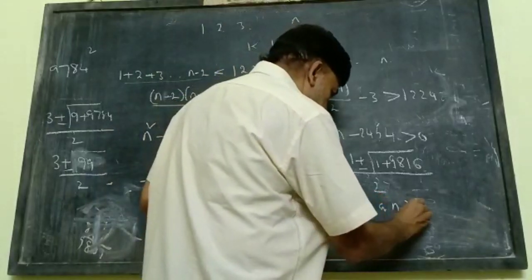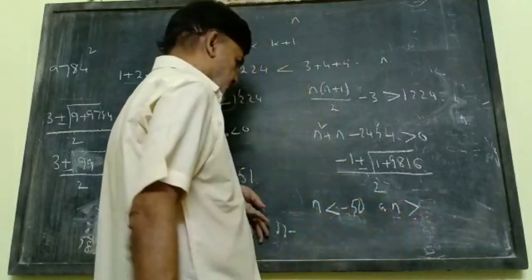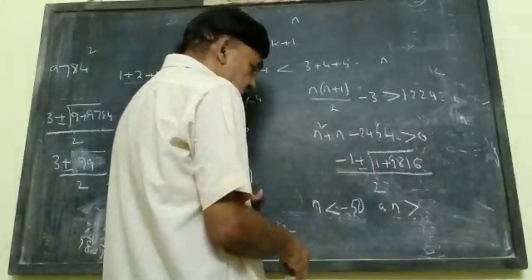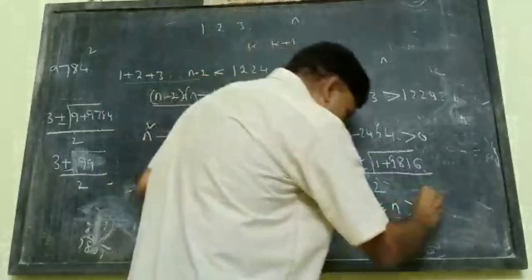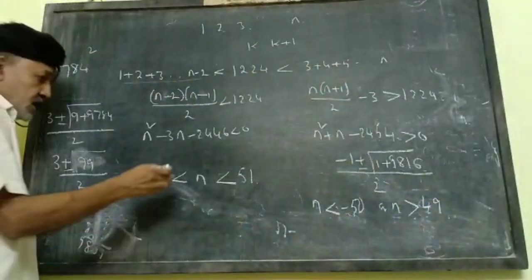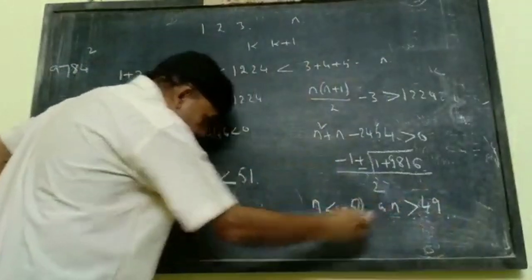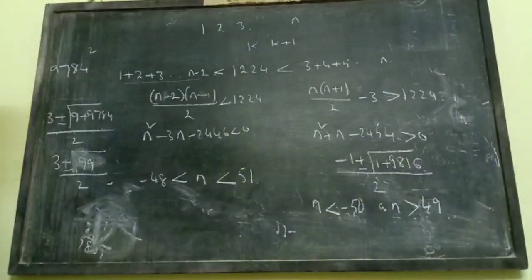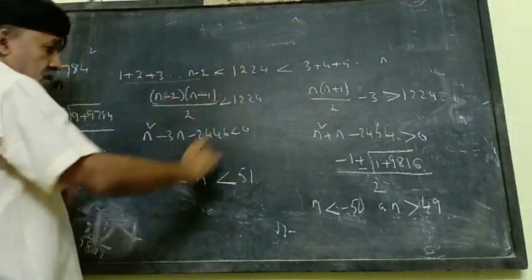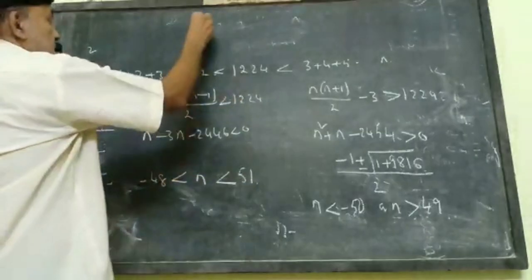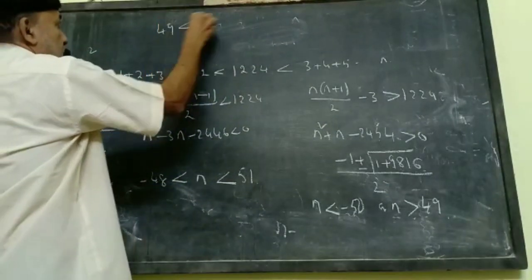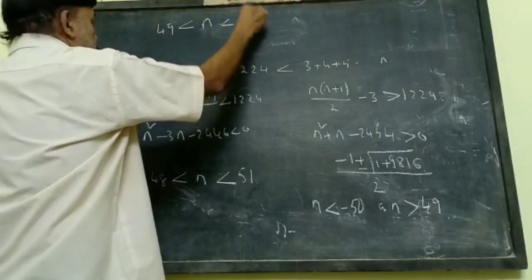Or n greater than minus 1 plus 99, 98, 49. So it has to satisfy both. If you consider the intersection of these two, you will get n to lie between 49 and 51.